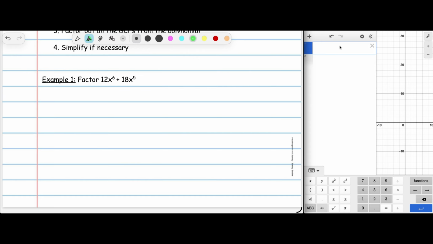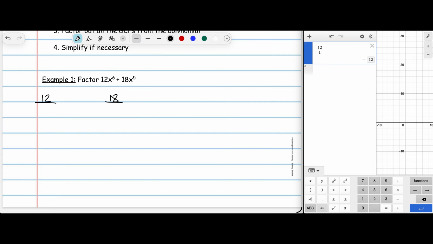So let's write 12 and 18. Now, to find the greatest common factor, we have to know the numbers that multiply to get 12. So we can go through our times tables, but I'm going to use Desmos today. What we're going to do is take 12 and divide it by 1.